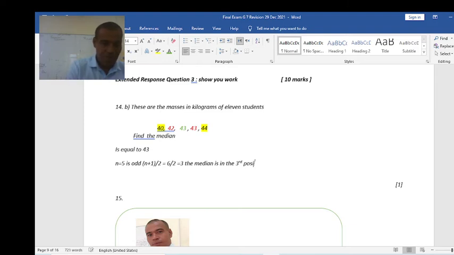Position or number as you like. Okay, which one? This is first position, second position, third position. I'll just write here first, second, third, fourth, fifth.